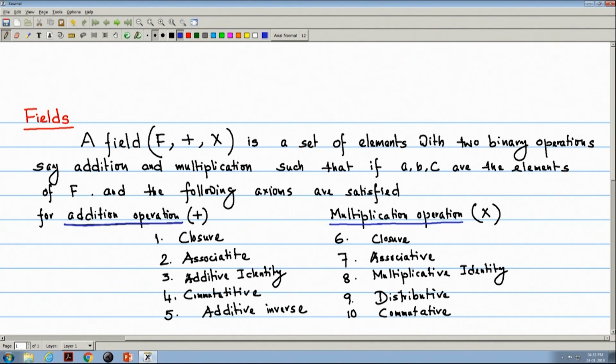If we add another property, multiplicative identity and no zero divisors, then it is the integral domain.